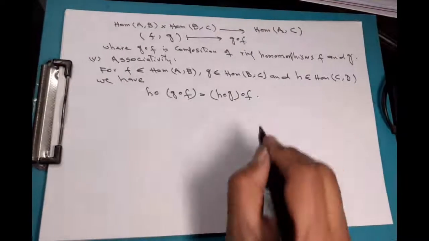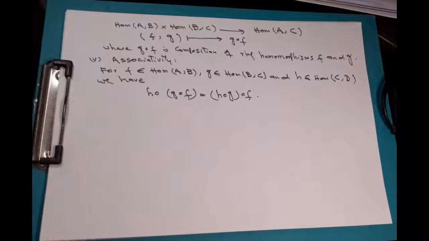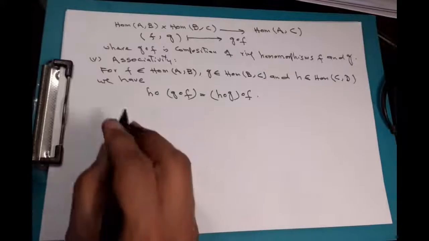So this is what we call that composition of ring homomorphisms is associative.